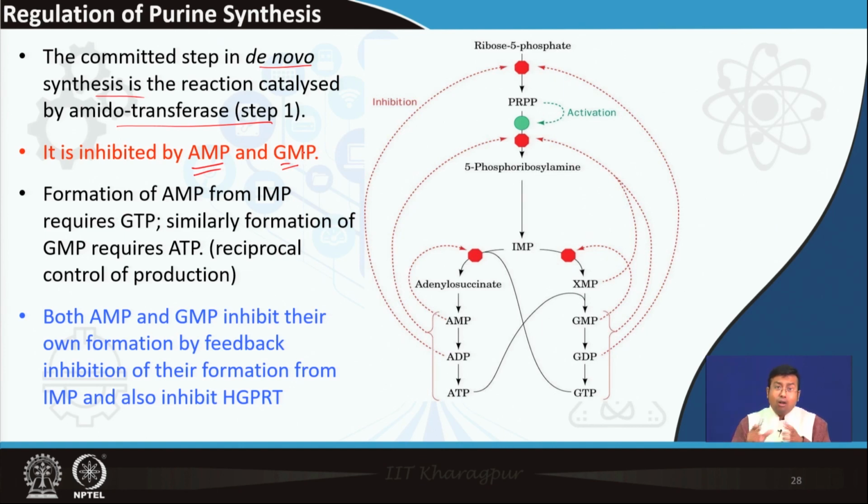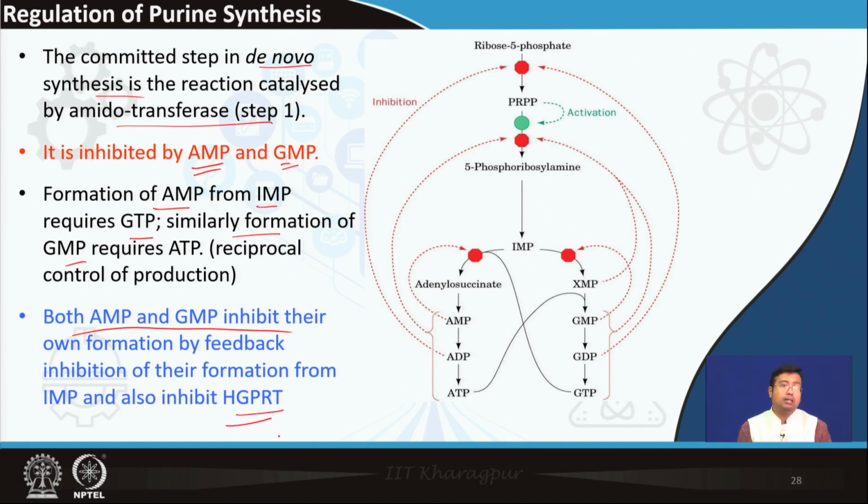Also, as I told you, formation of AMP from IMP requires GTP, and similarly formation of GMP requires ATP. There is a reciprocal control of production. So, if one is low, the other will not be produced, and if one is high, then the other will be produced.